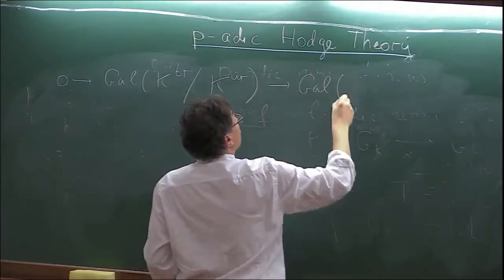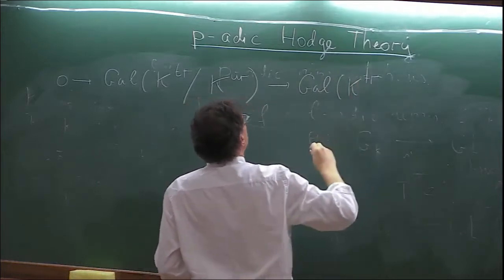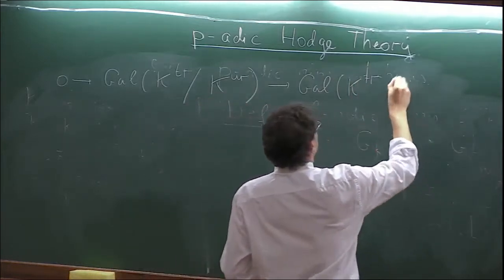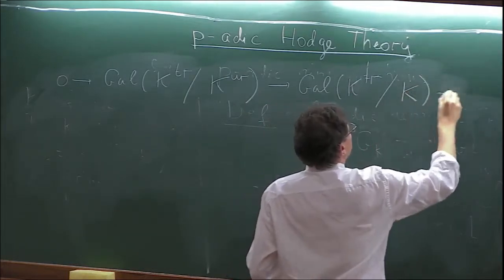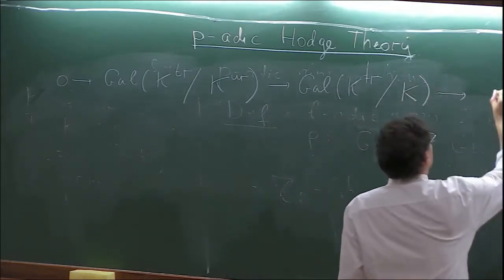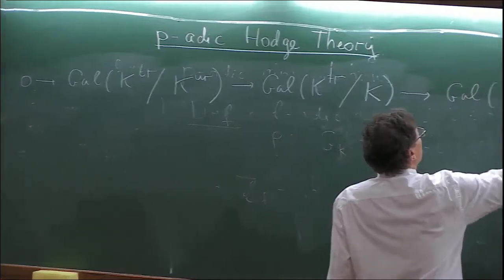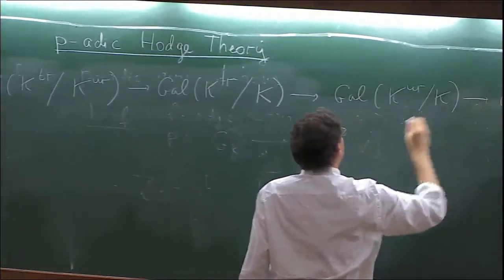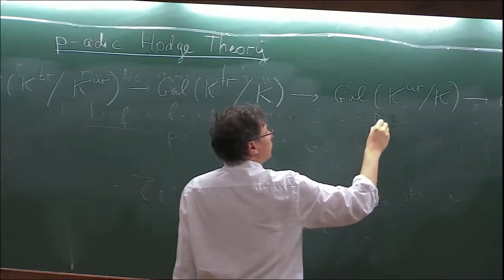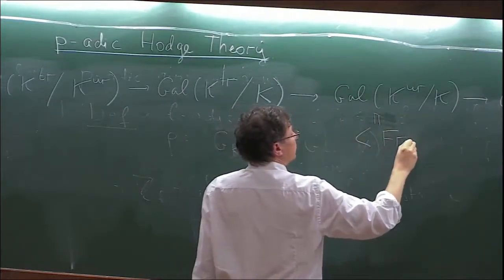The Galois group of tame ramified extension over K, and the Galois group of maximal unramified extension, which is generated by the Frobenius.